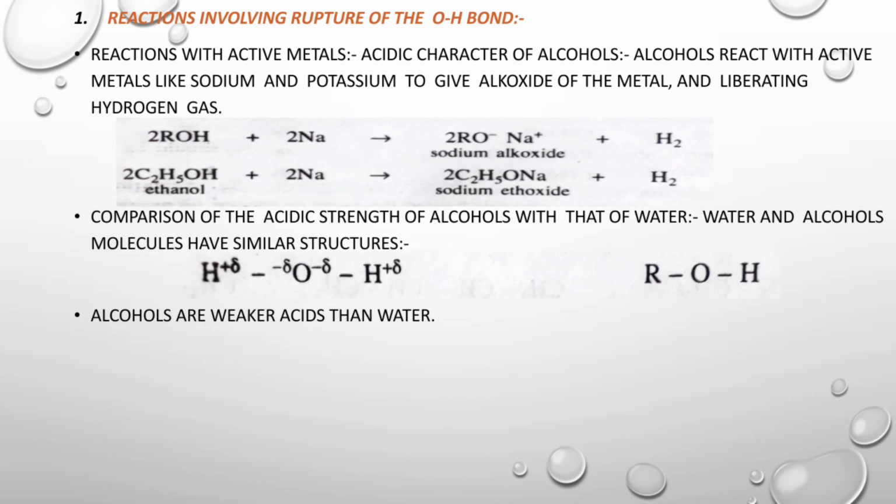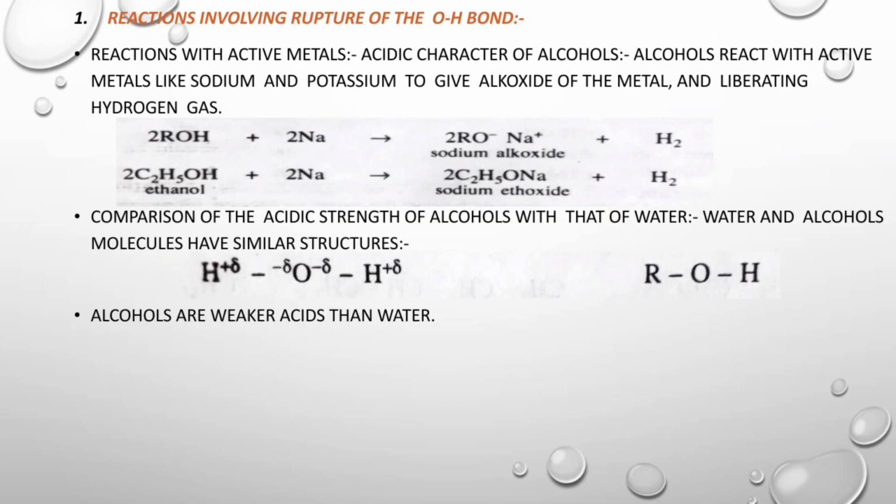Here the general reaction is given: 2ROH plus 2Na gives 2RO⁻Na⁺, that is sodium alkoxide, plus H2, hydrogen gas.